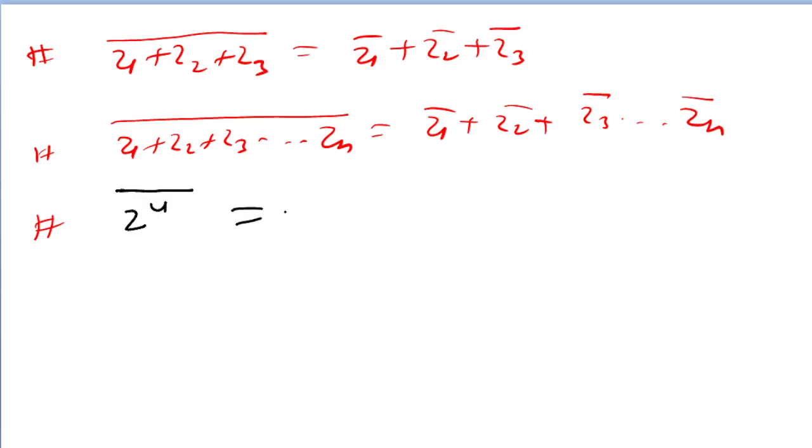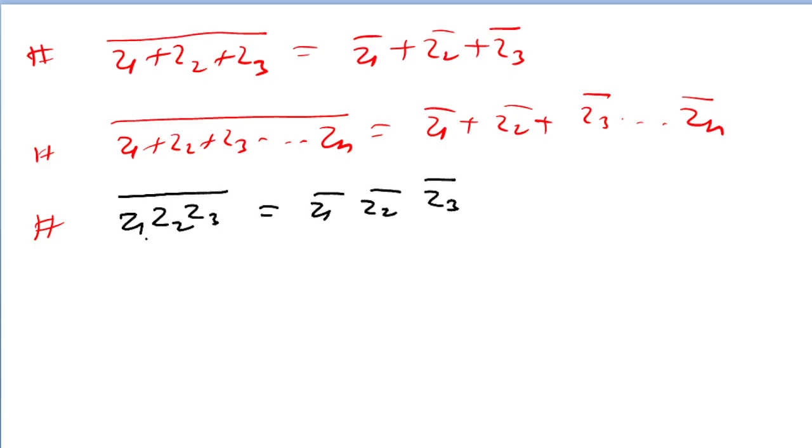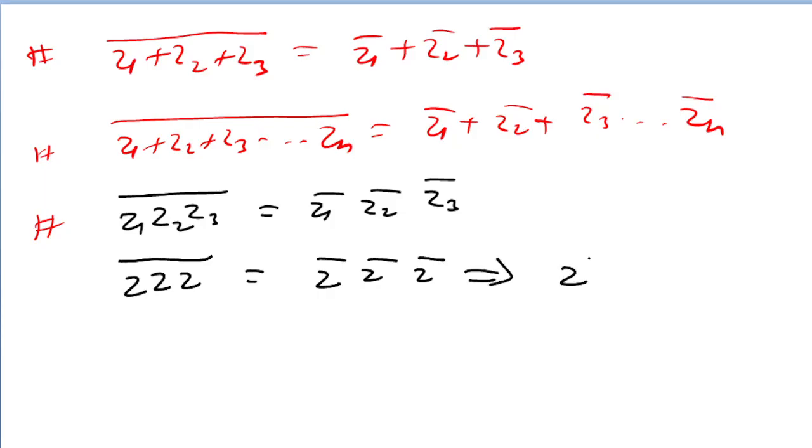We have discussed that the conjugate of z1 z2 z3 is equal to the product of the conjugates of z1, z2, z3. So if they are all equal, I can say that z conjugate is equal to z. That means the conjugate of z cube is z conjugate cubed.